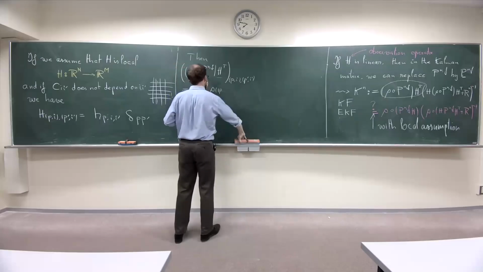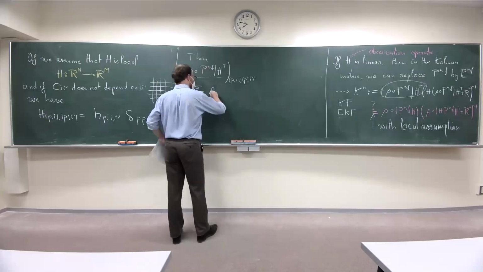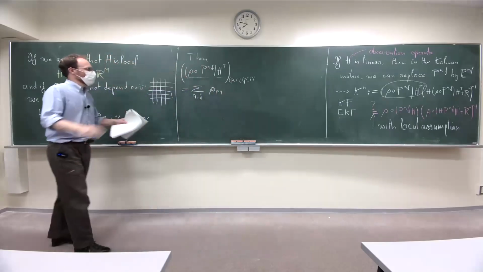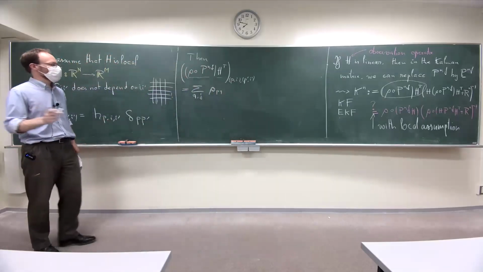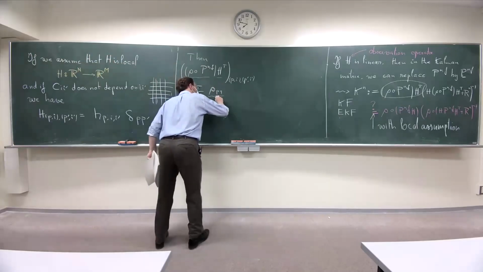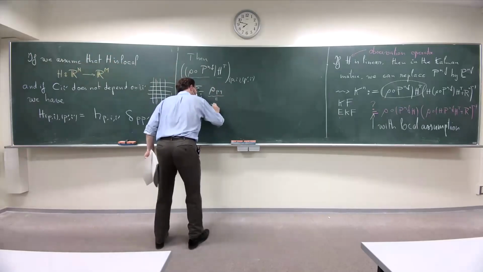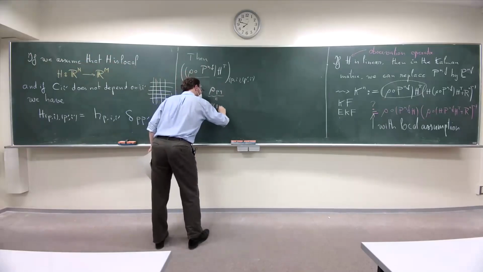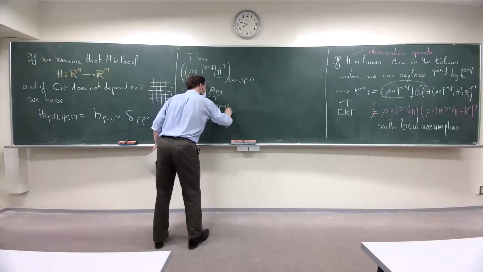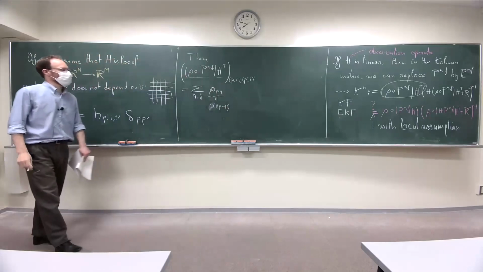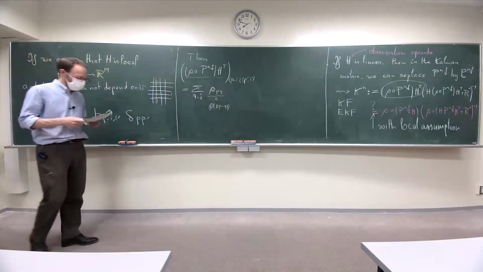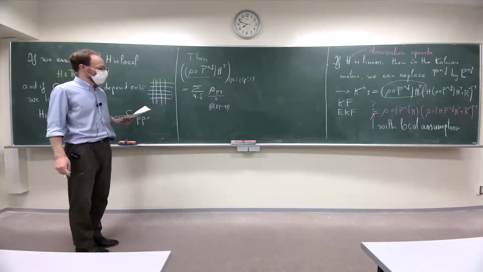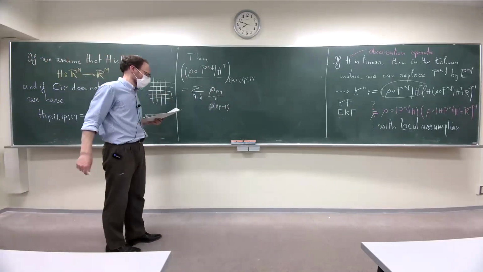No, let's keep rho_{pq}. The entry of this matrix, this is C of p minus q. I just write it in a shorter notation. This is C of p minus q. It depends only on p, q and not on i, i'. This is my assumption.